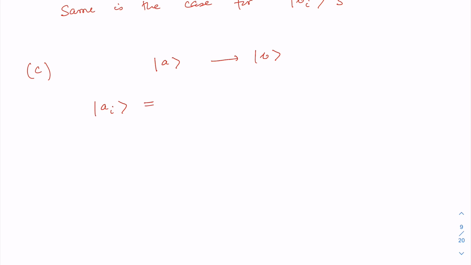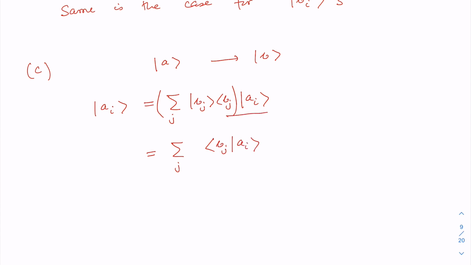I can write it as Ai, and then summation over j of Bj Bj, because this is identity. Therefore I can write it as sum over j of Bj Ai, which is just a number, and then Bj.